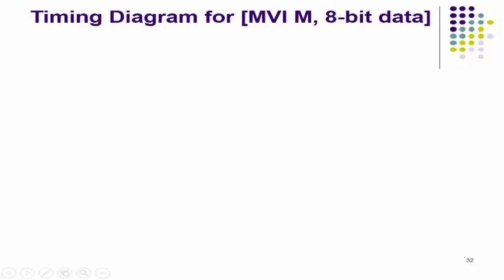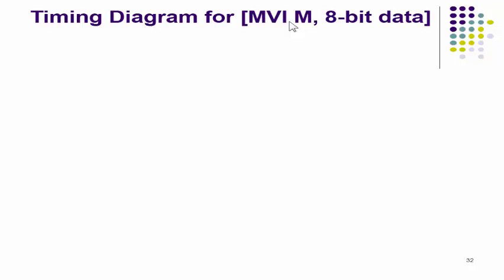So as we discussed in the previous example, as a 2-byte instruction, the processor requires 2 machine cycles, that is opcode fetch and operand fetch. But in this case, the operation of this particular instruction is 8-bit data writing in the memory.